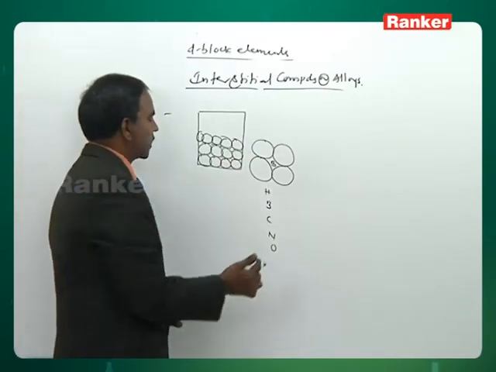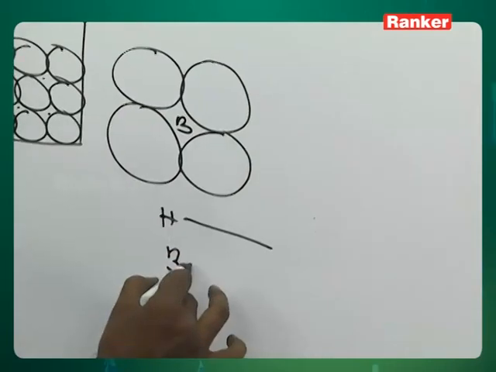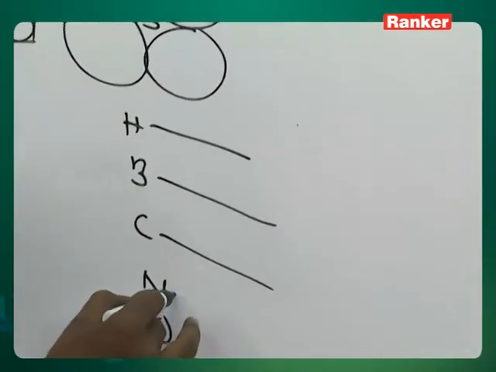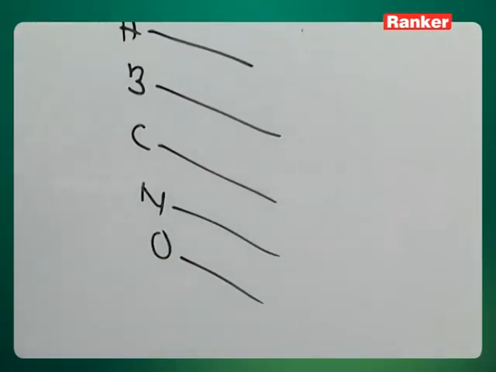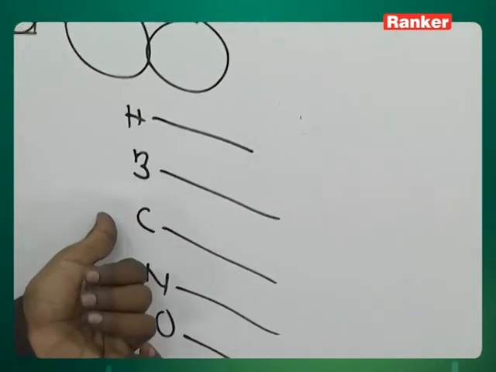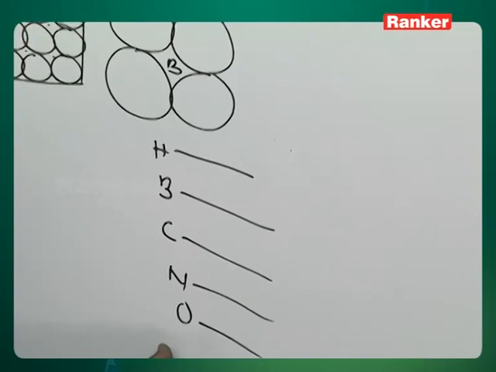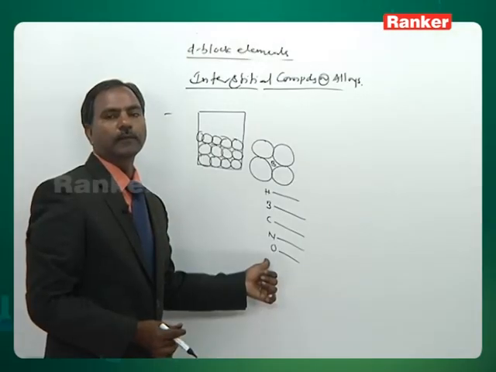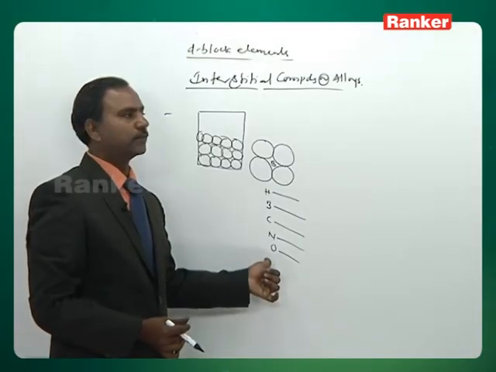The transition metallic hydrides, borides, carbides, nitrides, oxides all come under interstitial compounds.